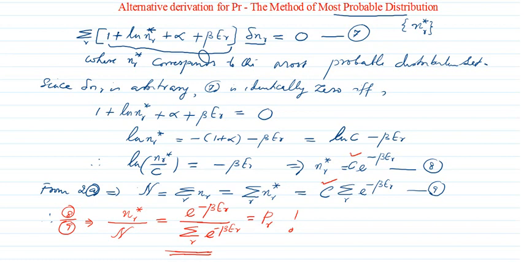So you can see that the ensemble method, or otherwise the method of most probable distribution, which we obtain by making use of Lagrange's undetermined multiplier method, is also finally giving you the probability that a given system at a given instant of time is found in a state with a particular energy er at a given temperature T. Because it's a canonical ensemble where the system is supposed to be in thermal equilibrium at a given temperature, or in equilibrium with a heat bath, right?